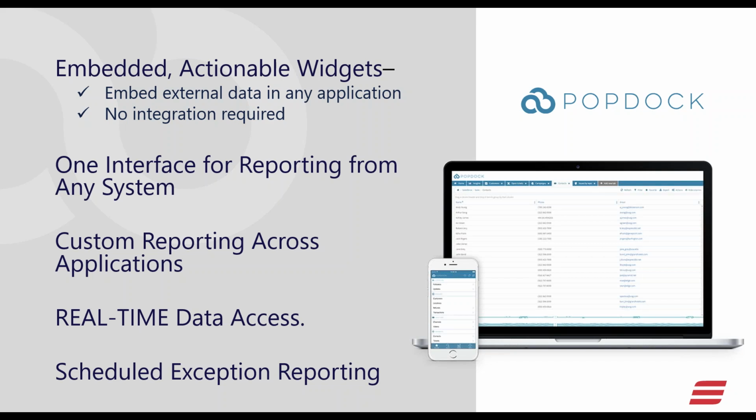For example, if I want to see my Business Central invoices inside D365 for sales, I could embed a widget to see this data, or even flip that scenario around, being able to see our CRM data inside Business Central or SL data inside Business Central.